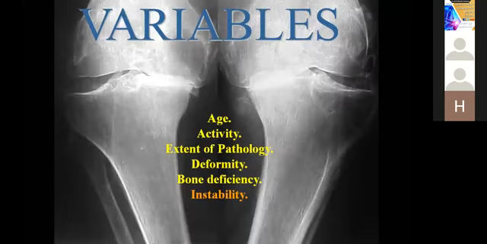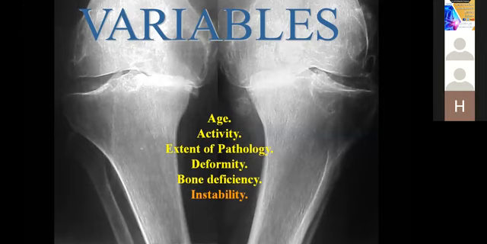And this presentation is only for number 5, suitable implant design. What are my variables in choosing which implant for which patient? The age of the patient, meaning by the age the physiological age and the functional demands, not the chronological age. Level of activity: I have seen a few of my patients, 75 and 78 years, playing tennis and playing golf. And I have seen females at 58 or 59 years who hardly want to go to the bathroom and go back to bed.